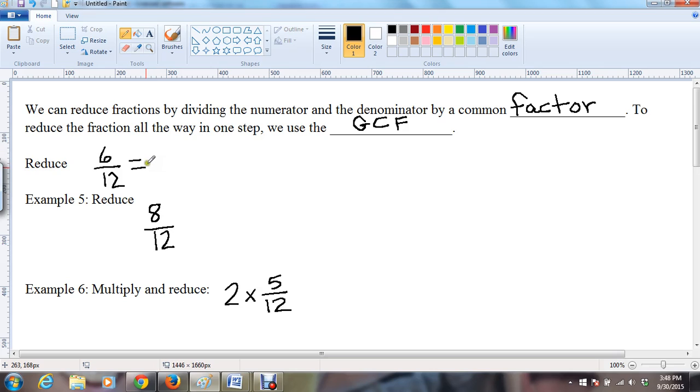So what I'm actually going to do is divide the numerator and the denominator by that common factor. Okay, so I can divide 6 divided by 6 on the top, and then 12 divided by 6 on the bottom.